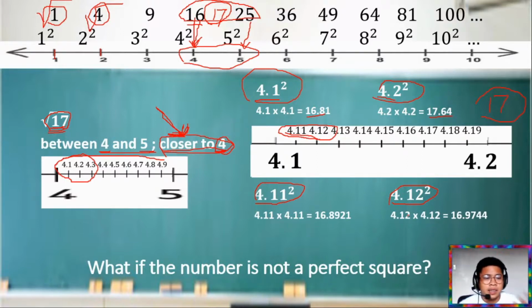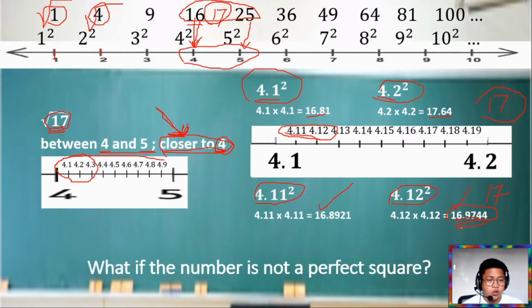16.93, 16.97, kapag ni-round off, equal to 17. Now, etong dalawang number na to, kapag ni-round off, equal sa 17. So, ano yung mas pipiliin natin? So, mas pipiliin natin yung number na mas malapit kay 17, which is 16.9744.